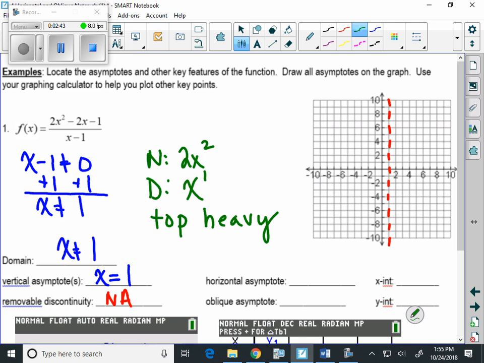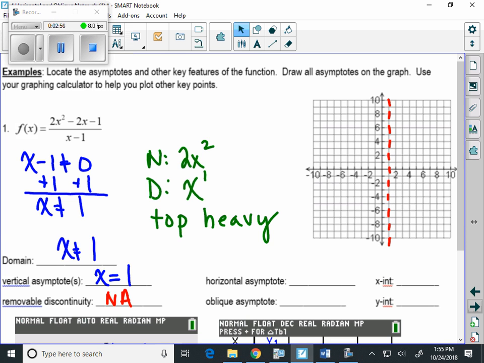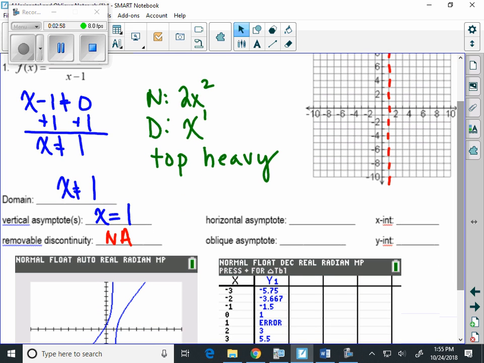And when we look back to our chart here on the previous screen, the top heavy tells us over here to the far right that we are going to have an oblique or slant asymptote. And a couple things that you don't know at the moment. One is that if you have a horizontal, you don't have an oblique.